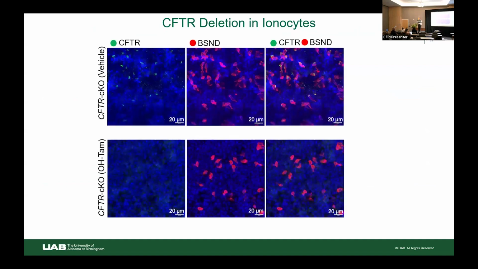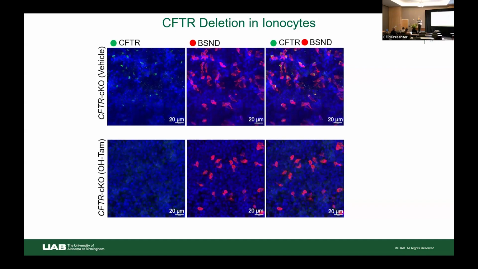The first thing we did here is to check the CFTR deletion in ionocytes in those conditional knockout animals. We have two groups here. One is the vehicle, which is a control, and the other one is the tamoxifen treated. We can clearly see in the control group, they are CFTR positive and BSND positive ionocytes. And in the conditional knockout group, the CFTR apical cap expression pattern is depleted.